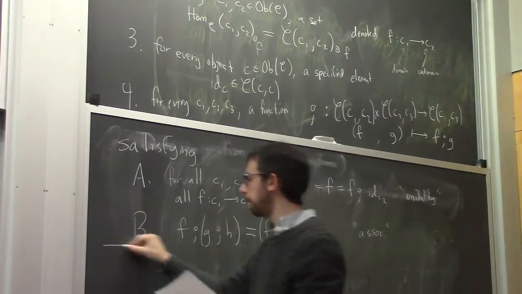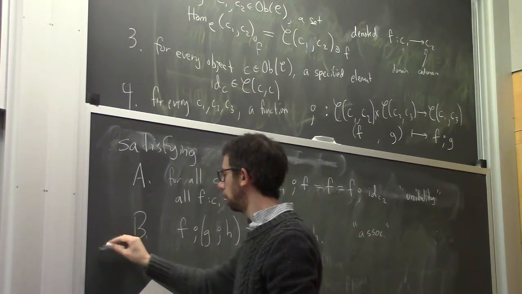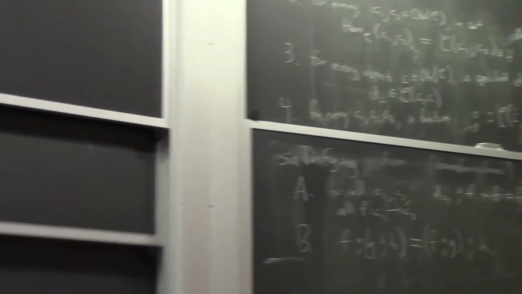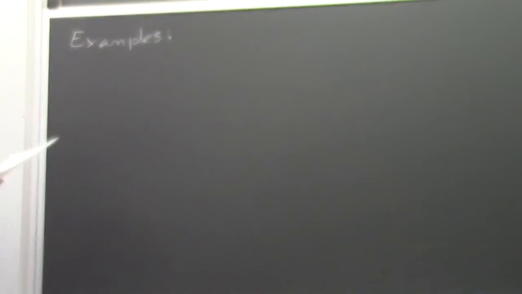So, okay, let me give you some examples. I guess I'll do that on this board. Okay. So, for example, each poset, Brendan said, was a kind of category.